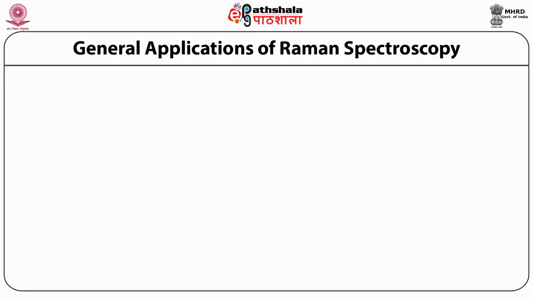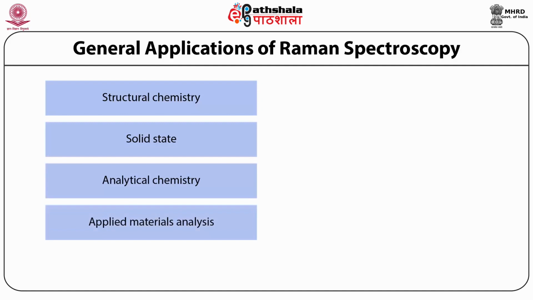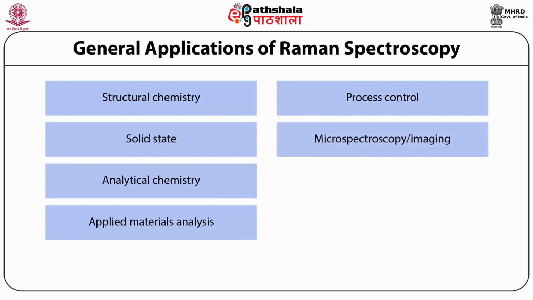There are many areas in which Raman spectroscopy is used. It is extensively used in structural chemistry, solid-state material science, analytical chemistry, applied material analysis, and process control at industries. Microscopy and imaging is another field where Raman spectroscopy is extensively used.